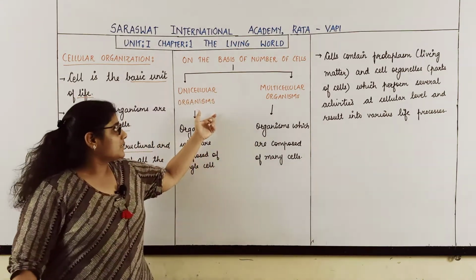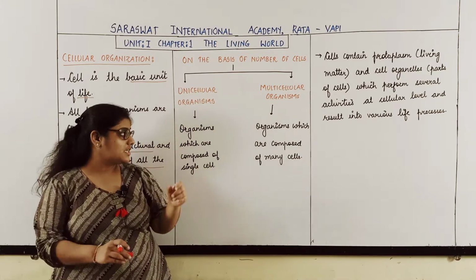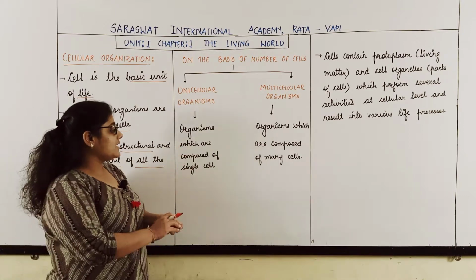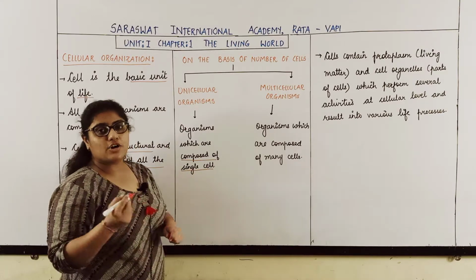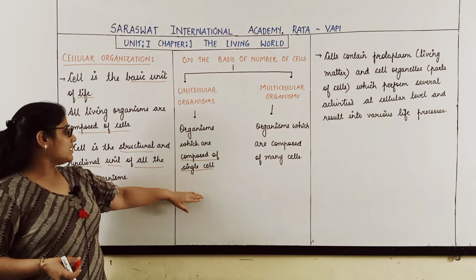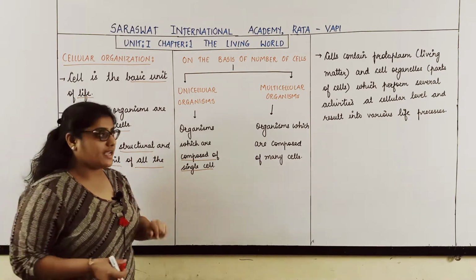Which are those 2 categories? Unicellular organisms and multicellular organisms. Now what are unicellular organisms? Those organisms which are composed of a single cell are called unicellular organisms.